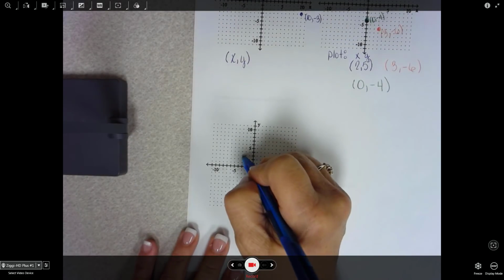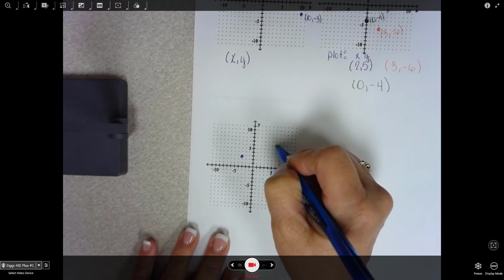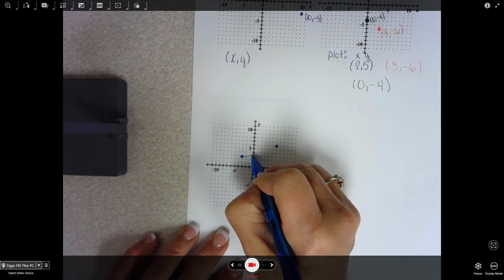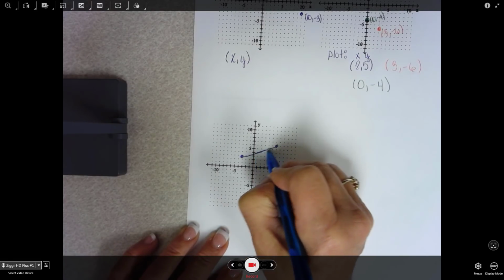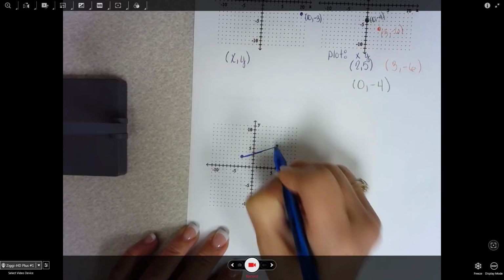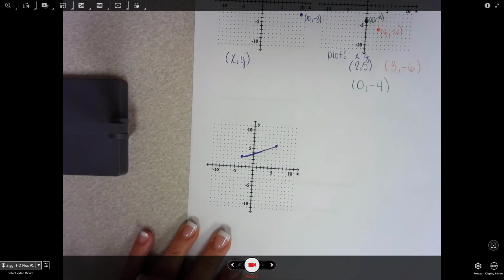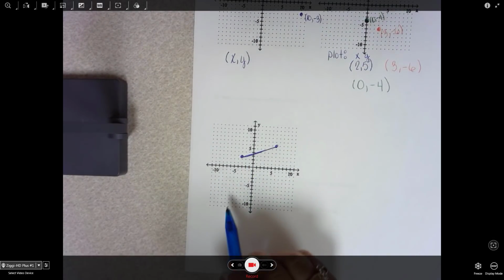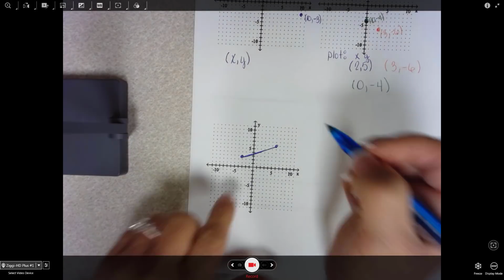So sometimes, however, we want to find the distance between 2 points. So this distance right here, as the crow flies, just straight over there. We would need to know those endpoints first, wouldn't we? Let's practice it.